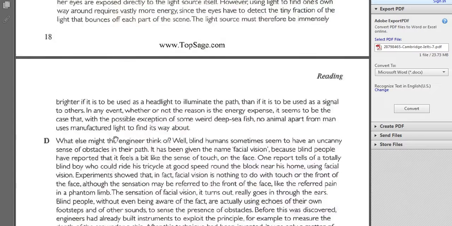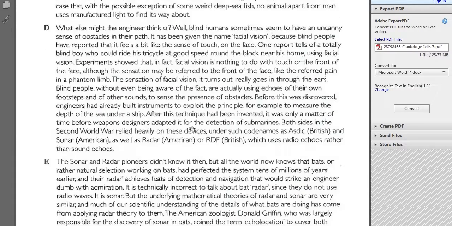Here, for example, let's take a look at paragraph D. I find some interesting words here. Facial vision, the idea of feels, blind boy, experiments. There's facial vision again, so this could be very important. I see the word echoes, footsteps, sounds. Sea under a ship.